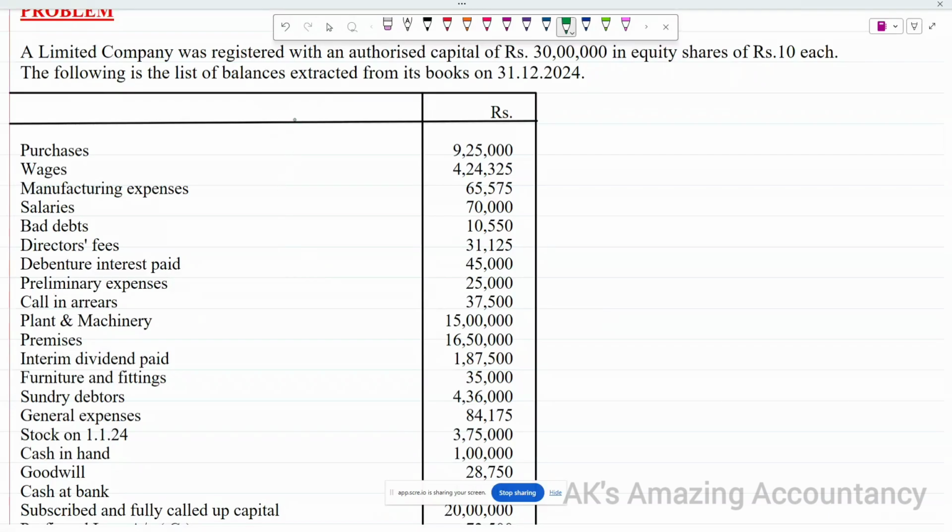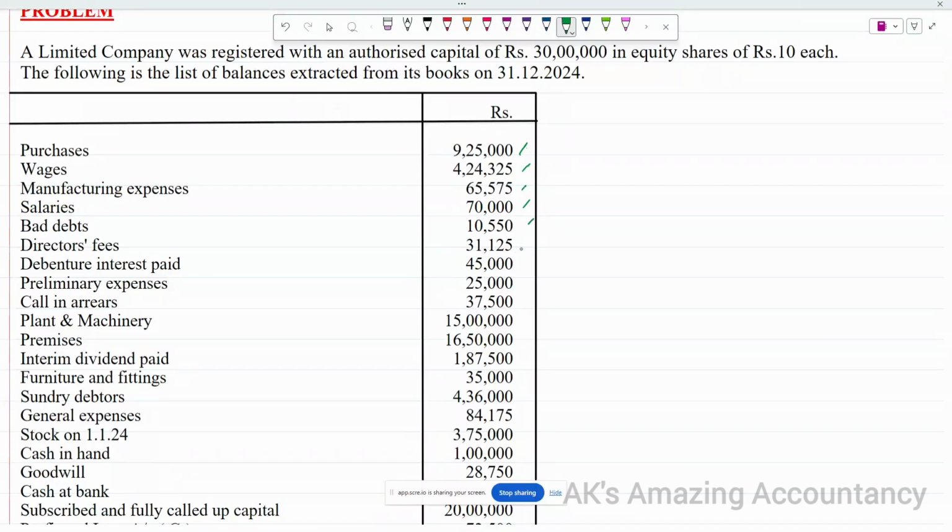The following is a list of balances extracted from its books on 31/12/2024. Purchases 9,25,000. Wages 4,24,325. Manufacturing expenses 65,575. Salaries 70,000. Bad debts 10,550.